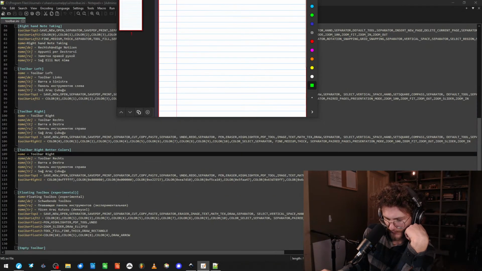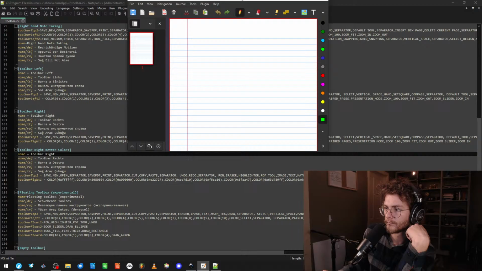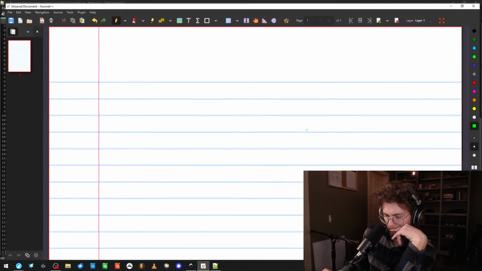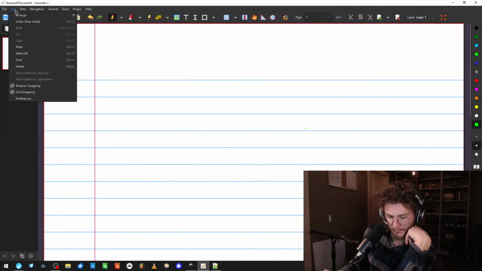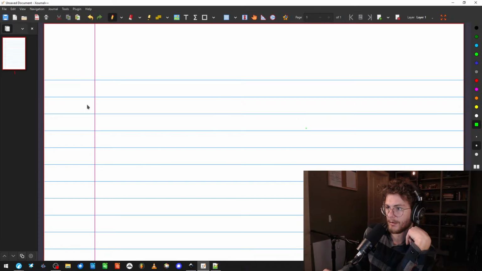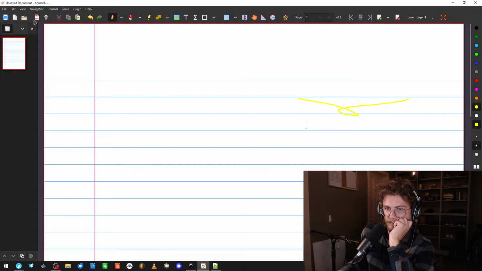So this is one toolbar right. And then, oh gosh, come on. Okay, so we go to View, Toolbars. You have toolbar right and toolbar right. There shouldn't be 2. That palette never changed. That palette didn't change in the least.